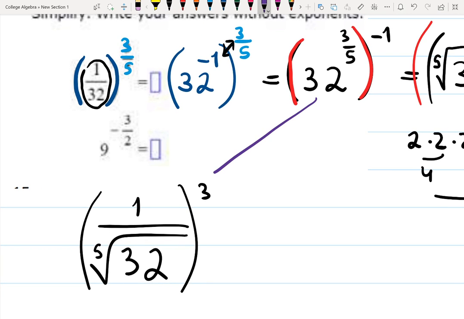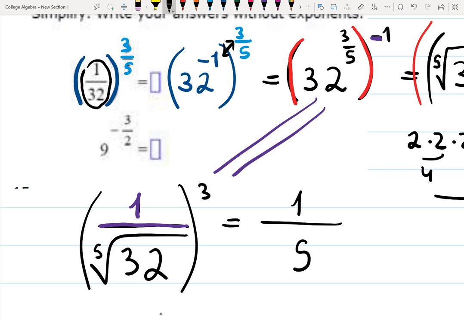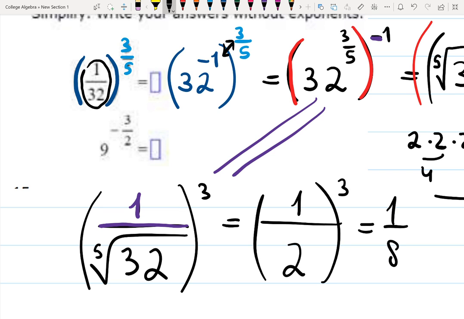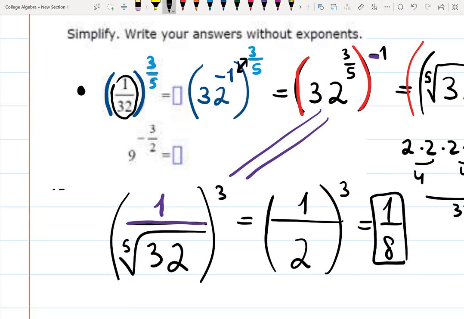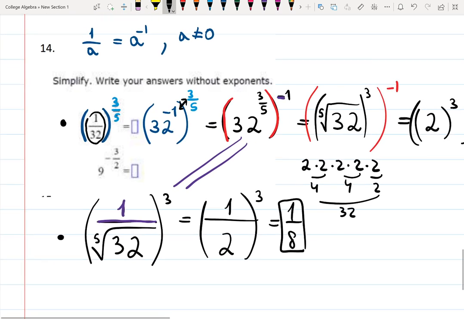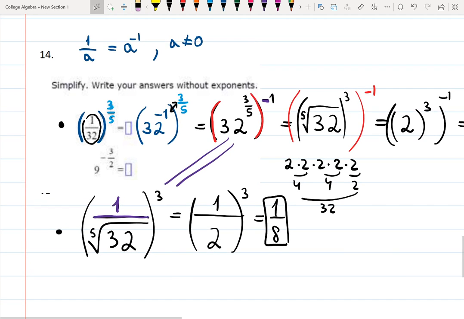Just -1 is missing, because now we have a fraction, and the whole piece with 32 is in the denominator. Like we already know, the 5th root of 32 is 2. So I will have 2, and there's cube outside, and that's 1/8, because 2 times 2 times 2 is 8. So way 1, way 2. Not too bad. Both ways are good.